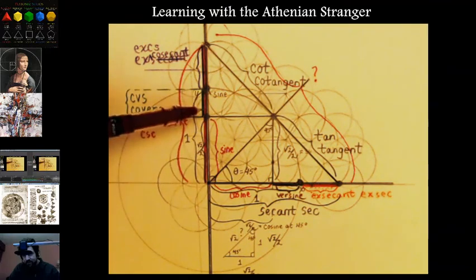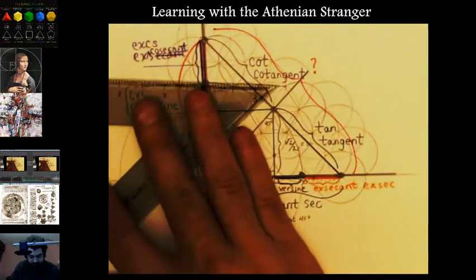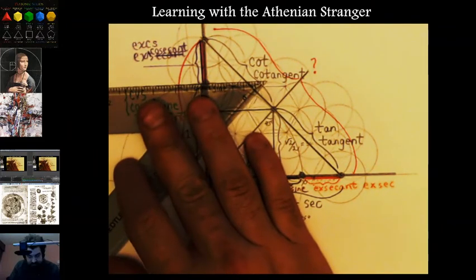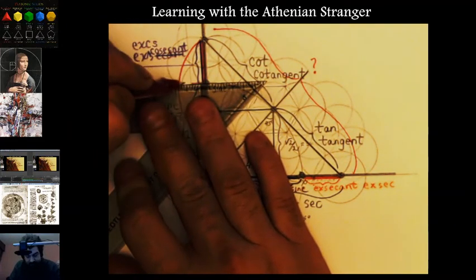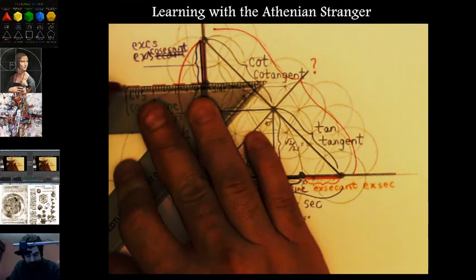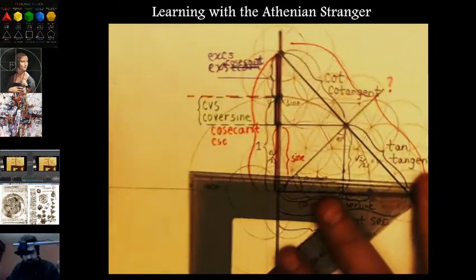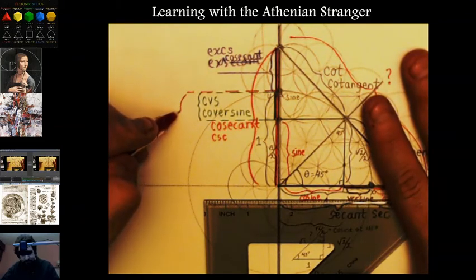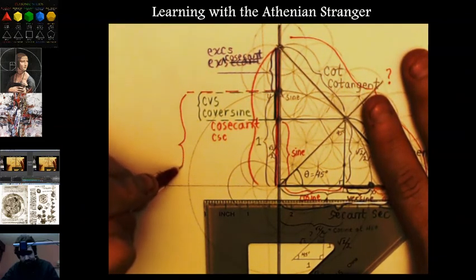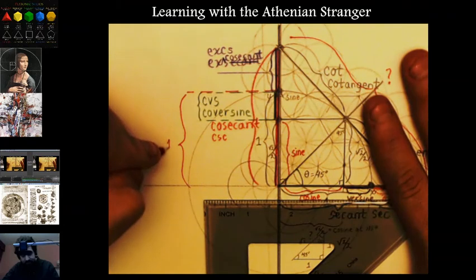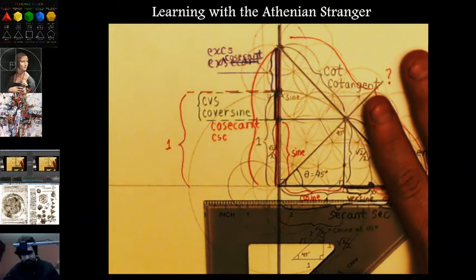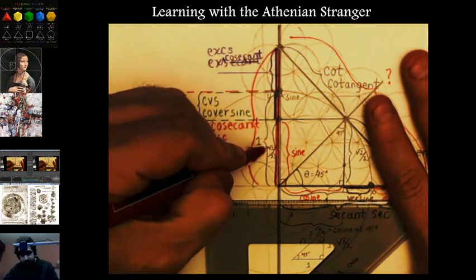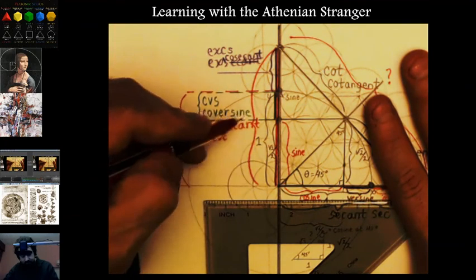I know that distance is 1. That, by the way, if I can extend out here a little bit, this distance here, let's not lose sight of this. This is 1. This is square root of 2 over 2.